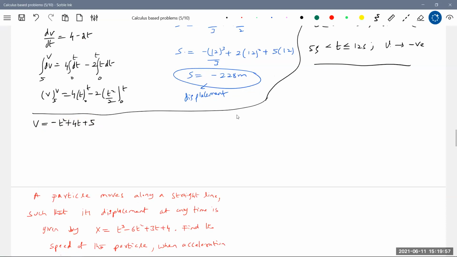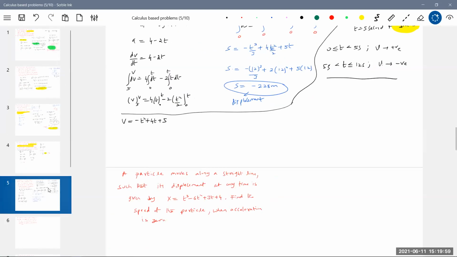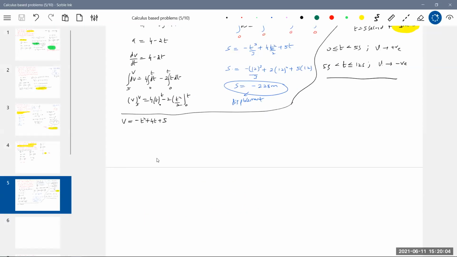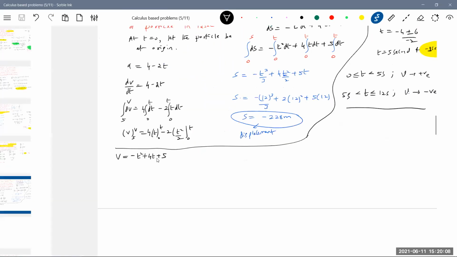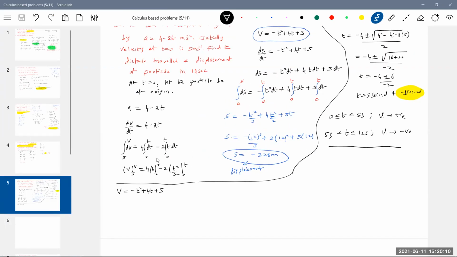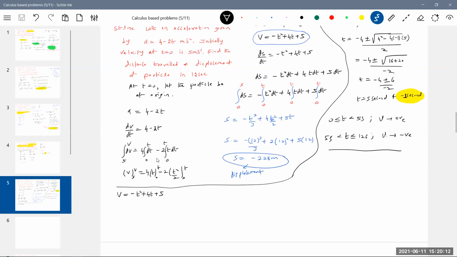I'll bring an extra page. Hope everyone is able to visualize. So now this will be this. I'm going to write it as v equal to ds, ds is equal to v dt.